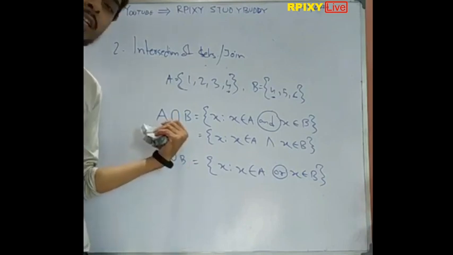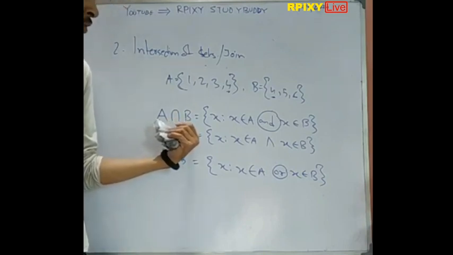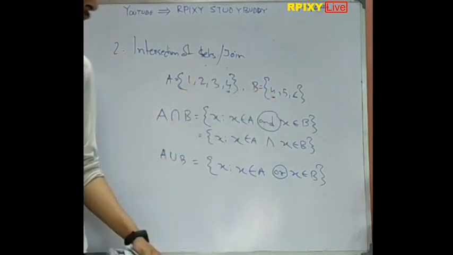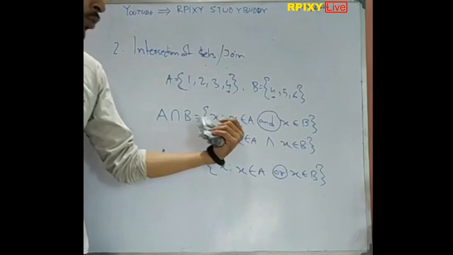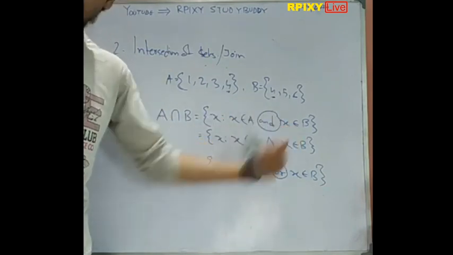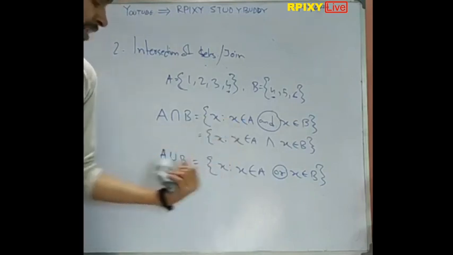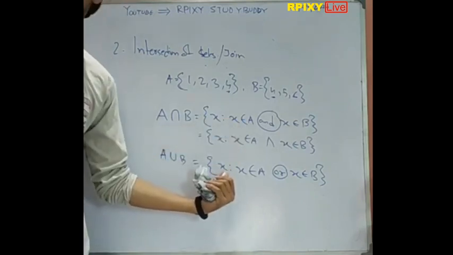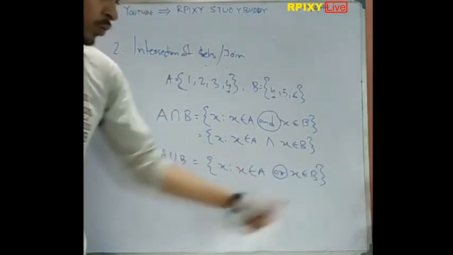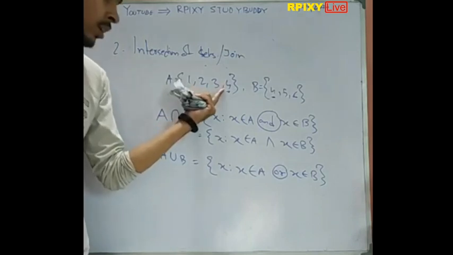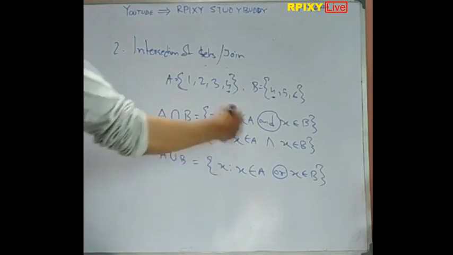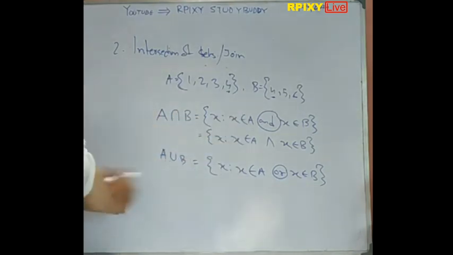Whenever you are taking the intersection, you have to take the common elements in between A and B. Okay, that means that element which belongs to A and which belongs to B. That means the common elements. And in case of union, I am taking the elements which belong to A or X belongs to B. That means the elements of A or elements of B. So this is the main difference in between union and intersection.